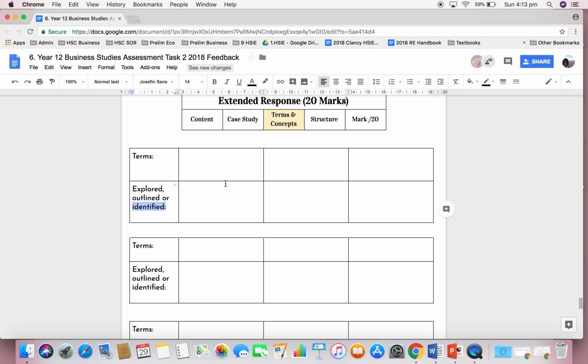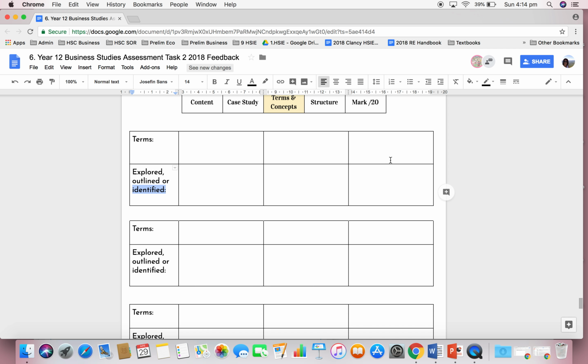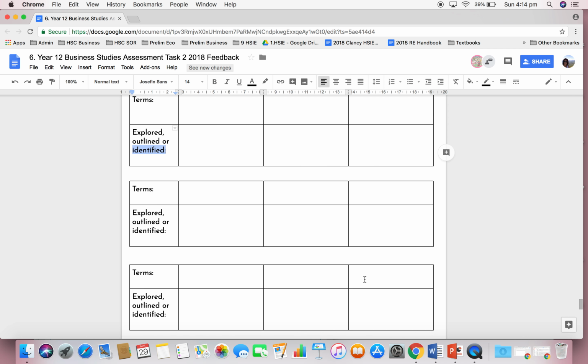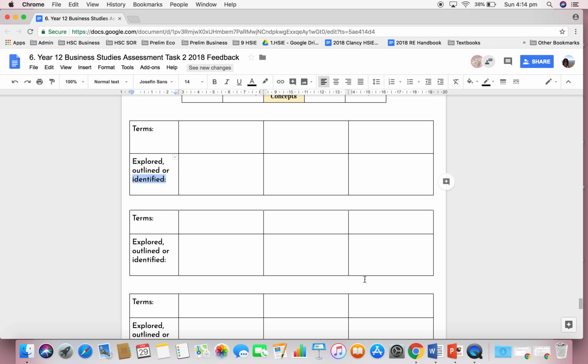Okay, so what you're going to try and do is, hopefully you've at least used 9 subject-specific terms. Hopefully you've got lots more to pick from. But really have a look of whether you explored the concept or the term, whether you outlined it or identified it. Have a go now.